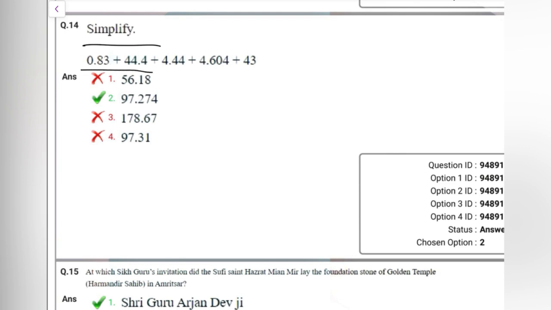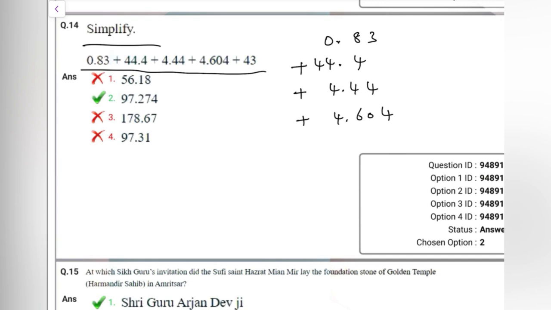Simplify this. .83 plus 44.4 plus 4.44 plus 4.604 plus 43.